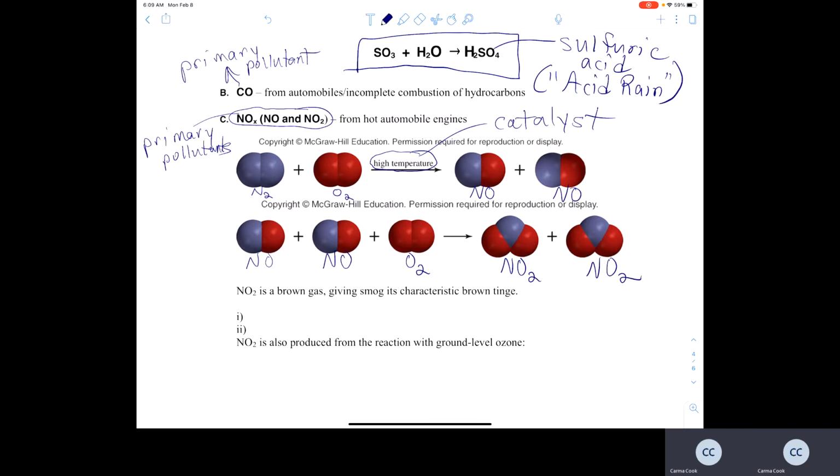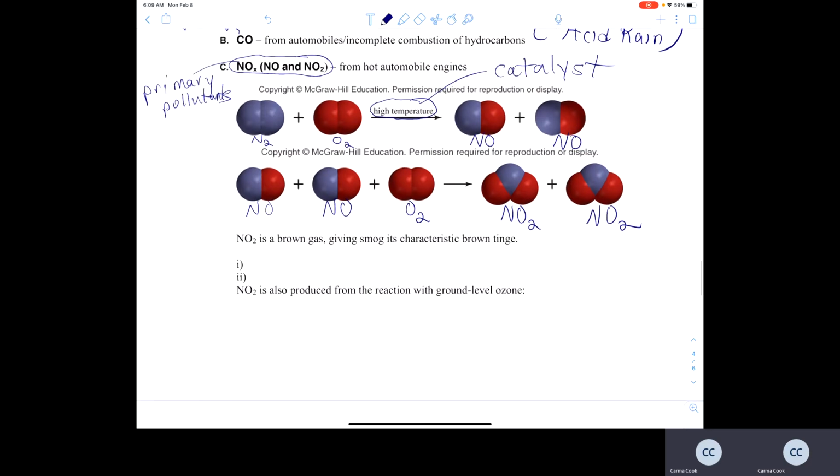So NO2 is a brown gas that gives smog its characteristic brown color. And so we wrote these two reaction steps, and this is called a reaction mechanism.